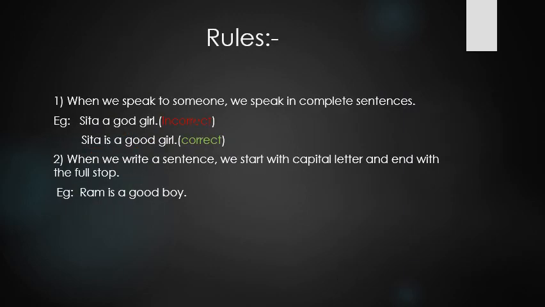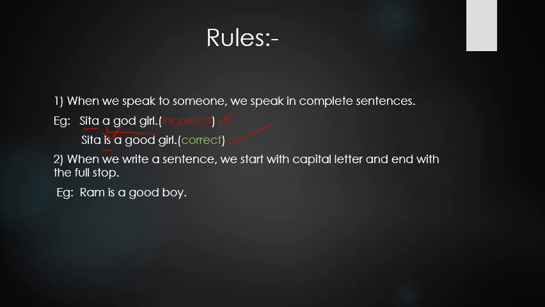Now, there are certain rules which you need to follow while making sentences. When we speak to someone, we speak in complete sentences. Saying Sita, a good girl, something is missing here. What is missing is "is", and when you add is here, then it becomes a correct sentence. So, Sita a good girl is incorrect and Sita is a good girl is correct.